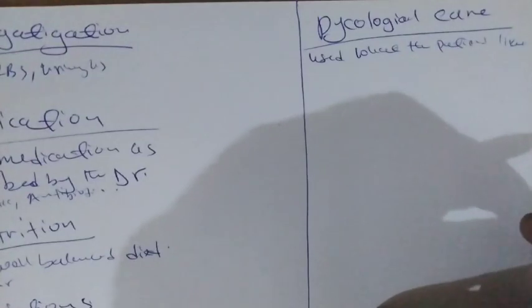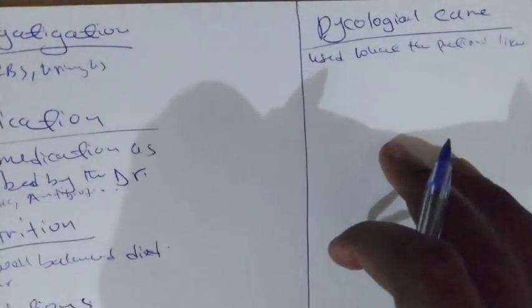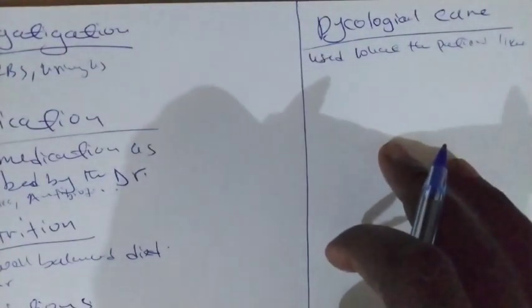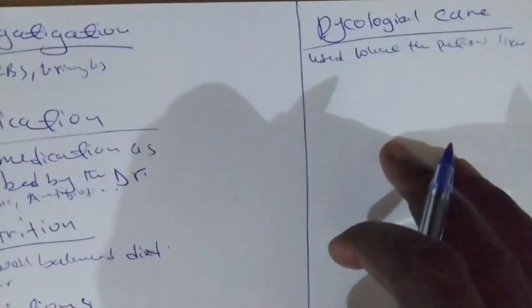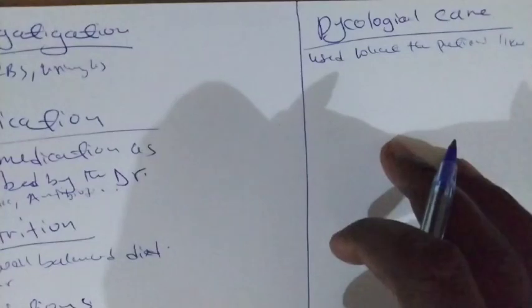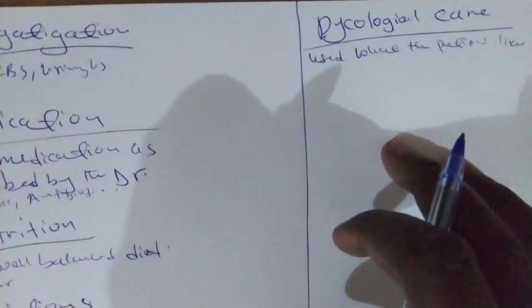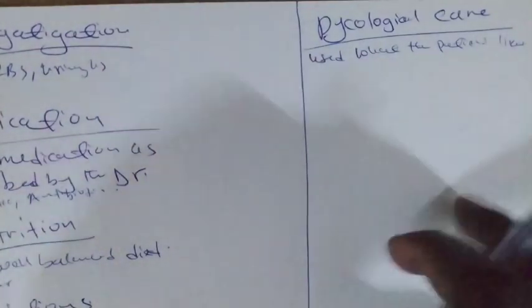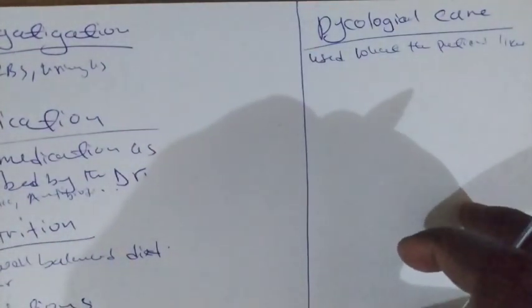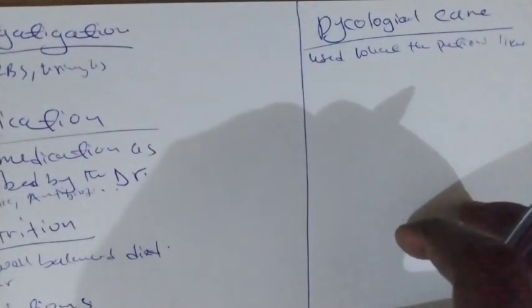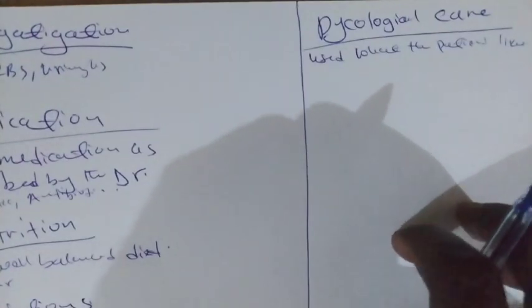If the patient likes watching, you can allow the patient to watch TV, and games like Ludo, Meso, those games there. Use what the patients like, as long as it does not have any bad impact on the patient.